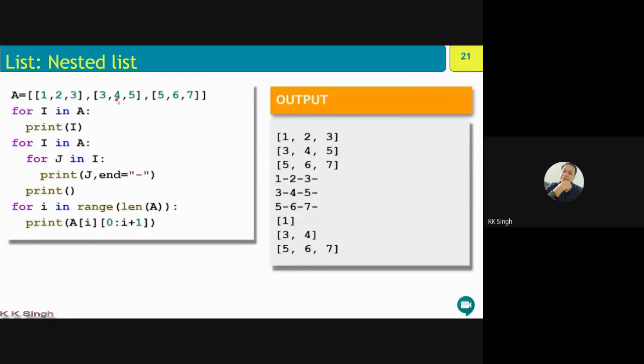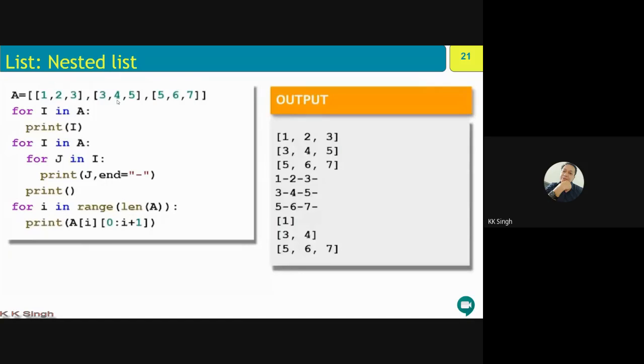So it has three lists here. First is 1, 2, 3. Second is 3, 4, 5. And third is 5, 6, 7.